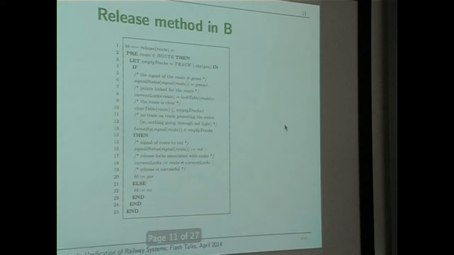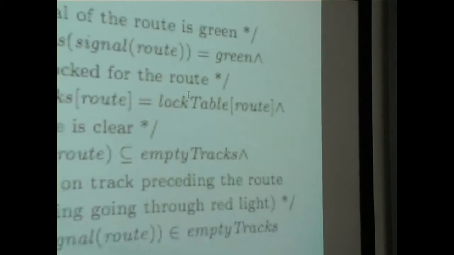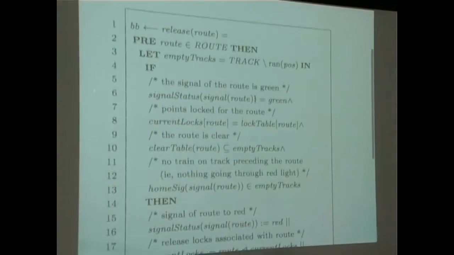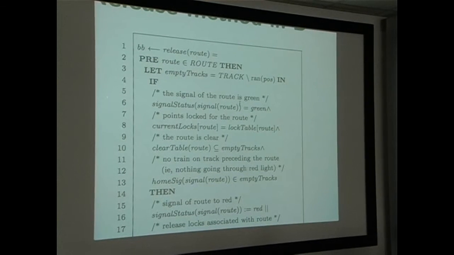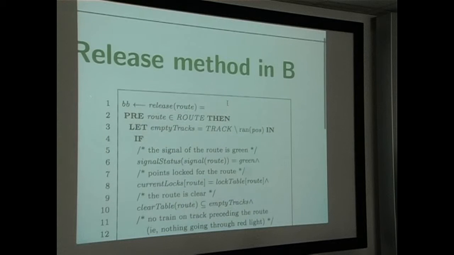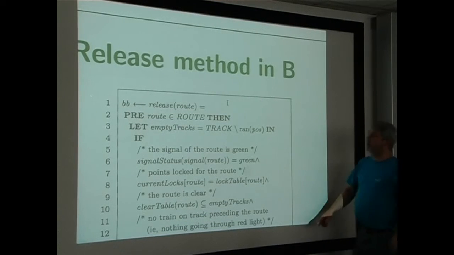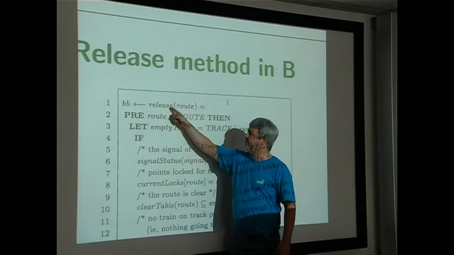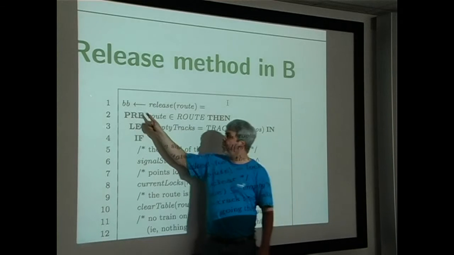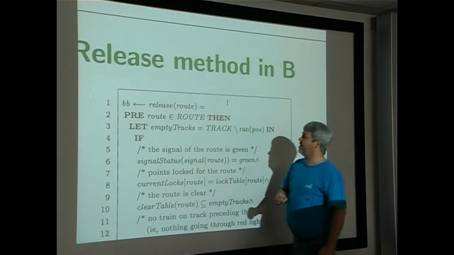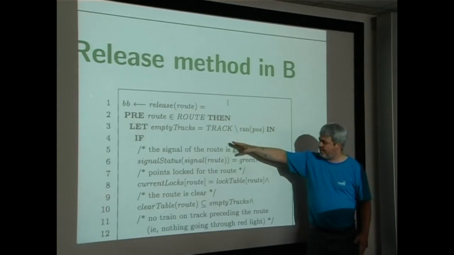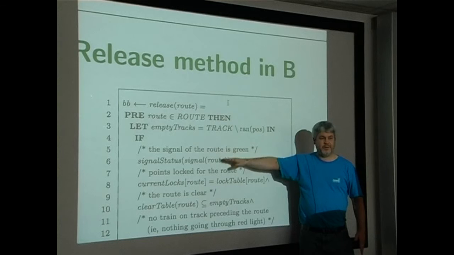And this here shows a little bit how this language models the machines, the automata. So if someone would like to say, please can I release the following route here, and we want to have a result, a yes or a no, then there are a number of conditions that need to be fulfilled.